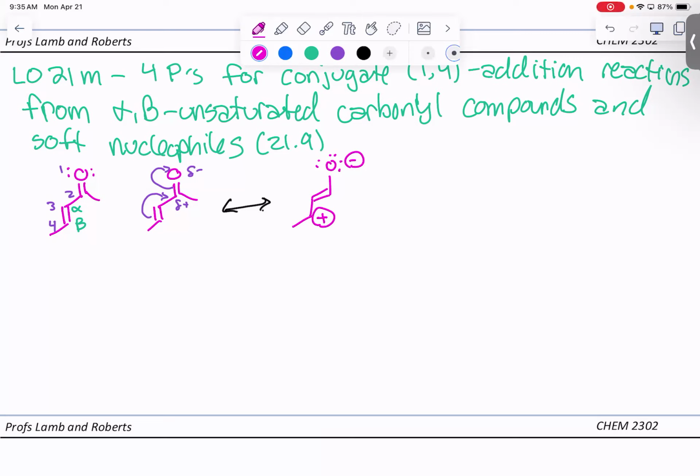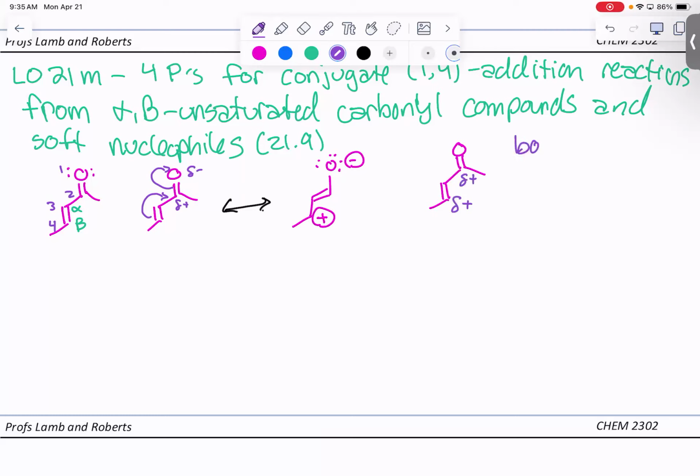So this is a pretty extreme resonance structure, but that will help us to understand that at the end of the day, when we're thinking about the 2 electrophilic positions on this molecule, our delta plus is on our carbonyl, which we know quite well, right? We've seen this before, that electronegative oxygen. And because of the ability to have that resonance structure, we also see that the 4 position or the beta position is also electrophilic. So this is how we can think about this as an electrophile.